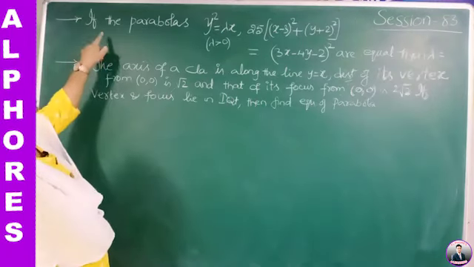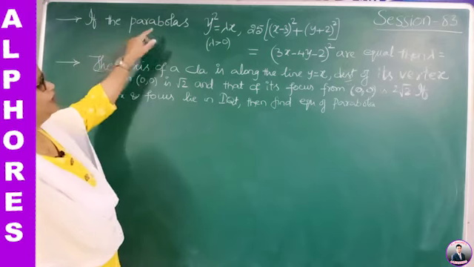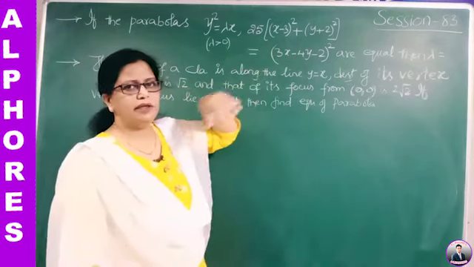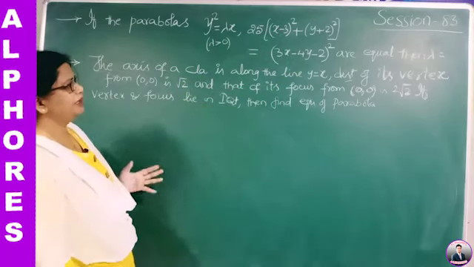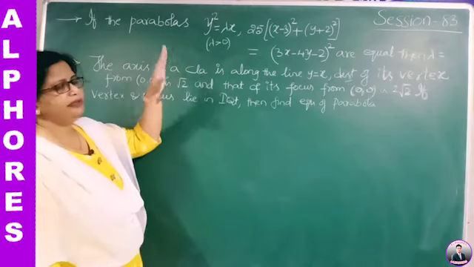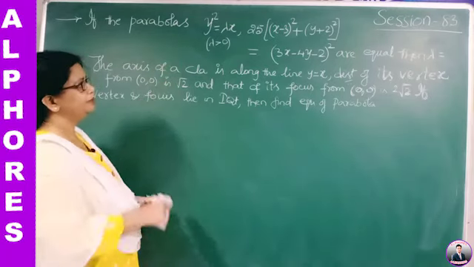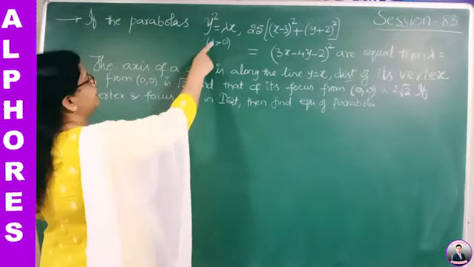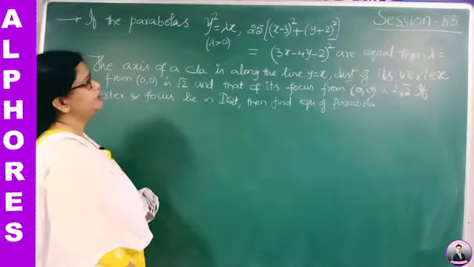Now let's observe this problem, students. Two parabolas are given, and they said the two parabolas are equal. We know earlier also that when two parabolas are equal, they have the same length of latus rectum. Now here the latus rectum is mod lambda, and lambda is given as positive, so it is a positive value.